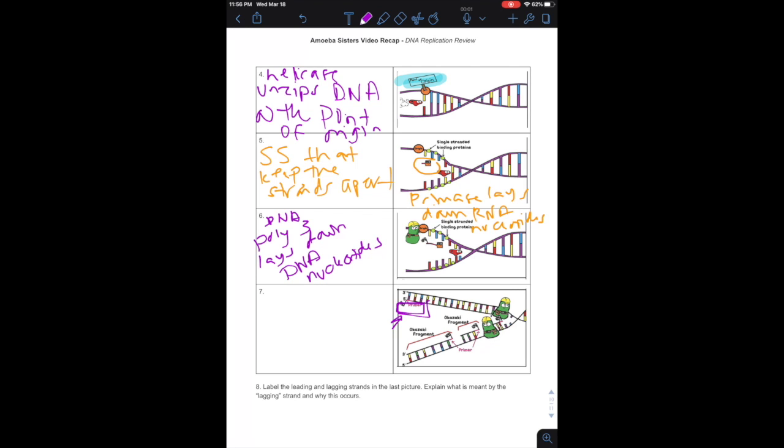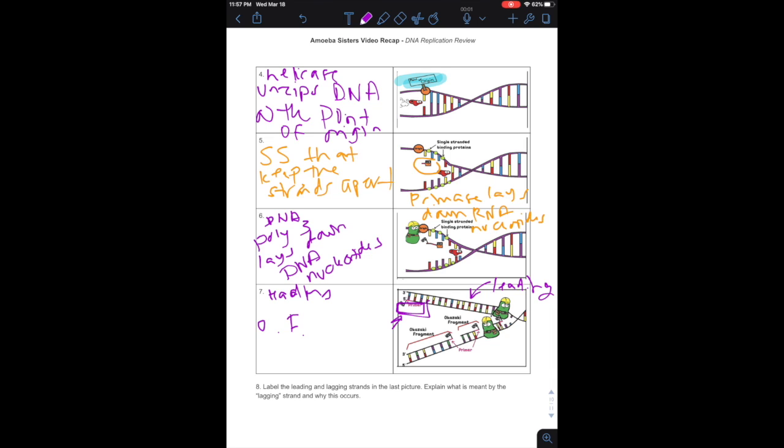And in that last picture, so DNA polymerase 3 is building on that leading strand perfectly fine, right? That would be up here, leading strand. And Okazaki fragments were created on the lagging strand. Why?